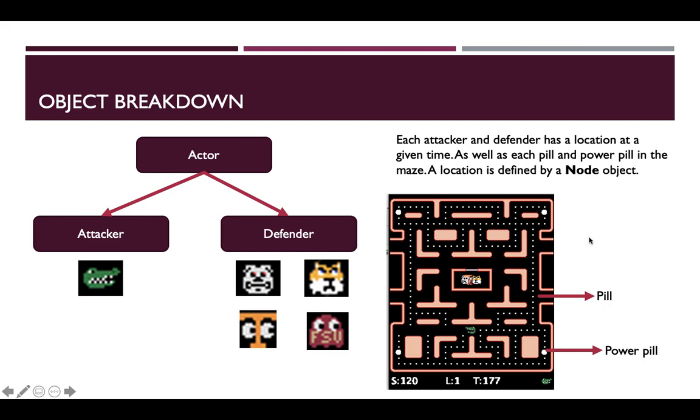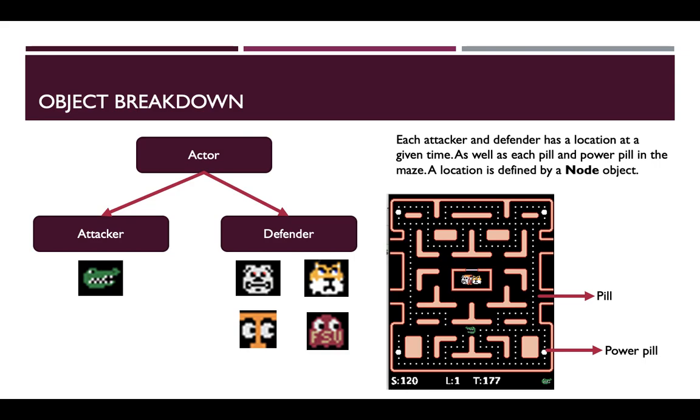Now, there are two types of pills that you have. A normal pill, which is a small one, increments your points as you eat them around the maze. And then you also have a power pill, which is the big ones. As soon as you eat a power pill, your defenders turn blue, and you can eat your defenders, which gives you a good boost in your score.